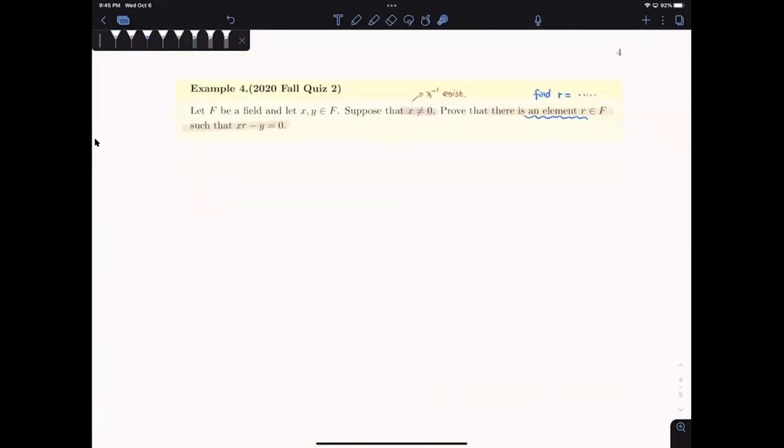R is an element in F, and you want to express it as a function of x or y, or not function. Try not to do that. That's what I'm gonna say. Because when professors do this, they don't lose mark, but when you do this, you might lose mark. You know how it works.